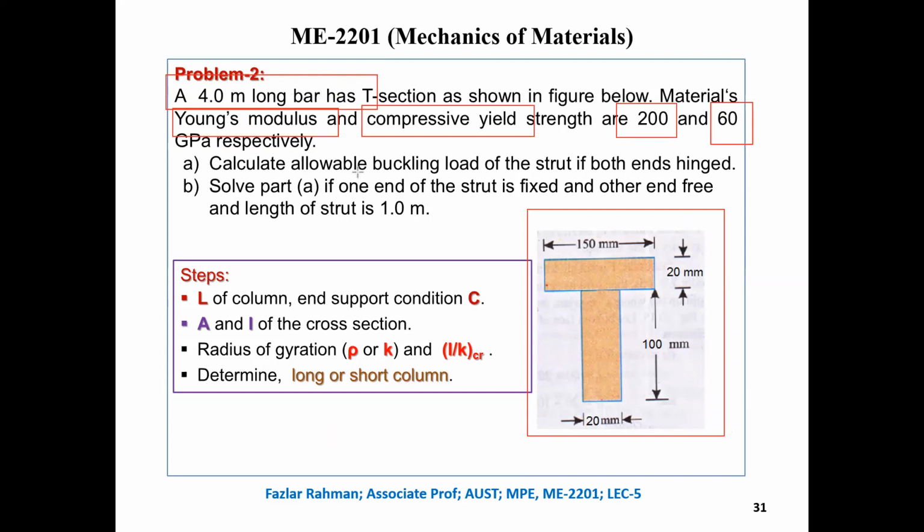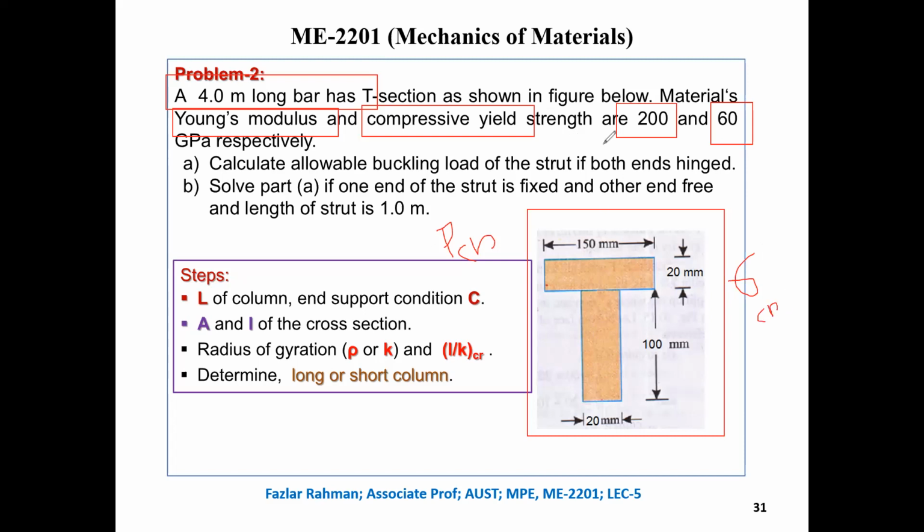Now it's saying calculate allowable buckling load. That means you need to figure out the value of P critical, right? So if you get sigma critical, you can figure out the P critical by multiplying by cross-sectional area.